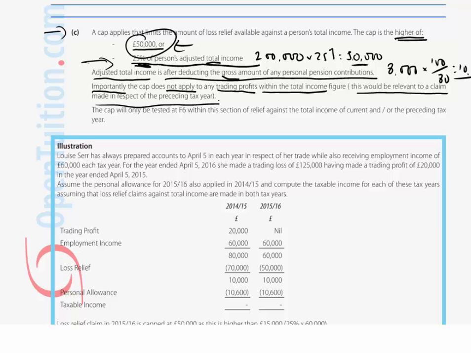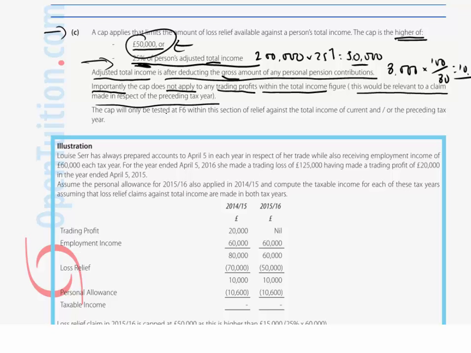Therefore, there is no trading income figure. But if you go back to the preceding tax year, as we did in our example last time, then you would hope that there would indeed be a trading profit in there. Well, this £50,000 is exclusive of the trading profit. There's no limitation against trading profit. The 50,000 cap is only against your other income, your non-trading income.